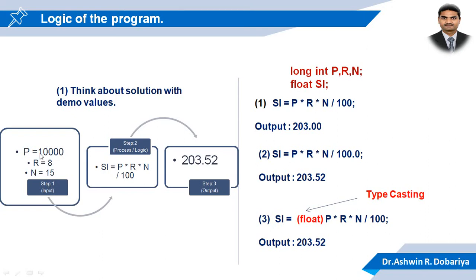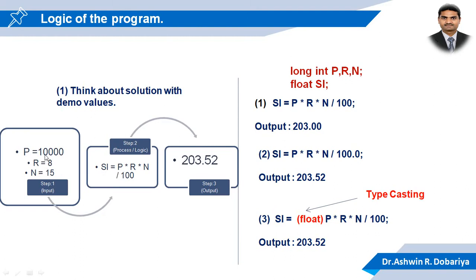Step number 1: in our program we have to input 3 values, the principal, the rate of interest, and the number of years. The second step is that these values will be substituted in the formula. So P means 10,000, R means 8, and N is 15, and whatever answer is generated will be stored in SI, and SI is our actual output.